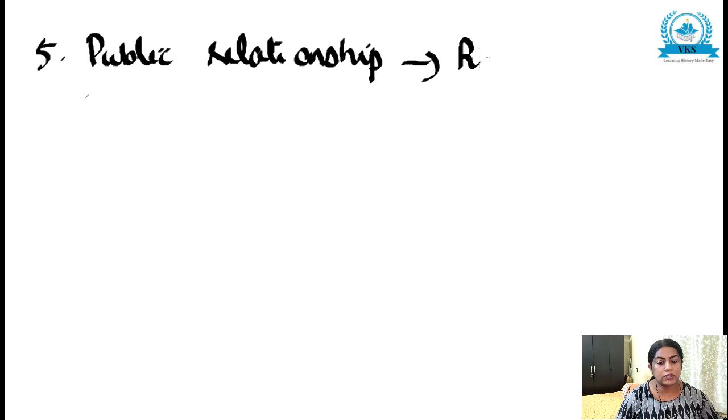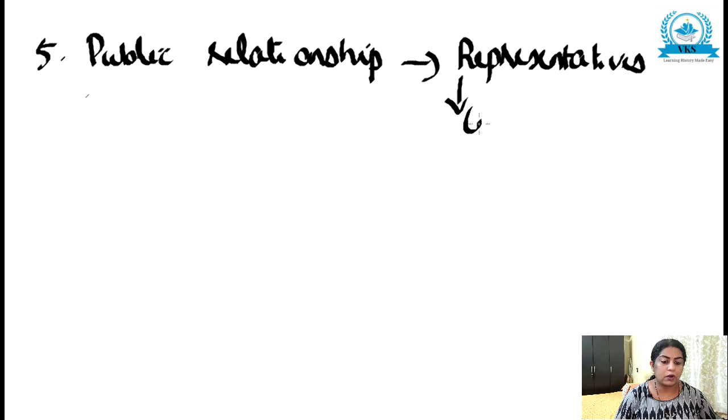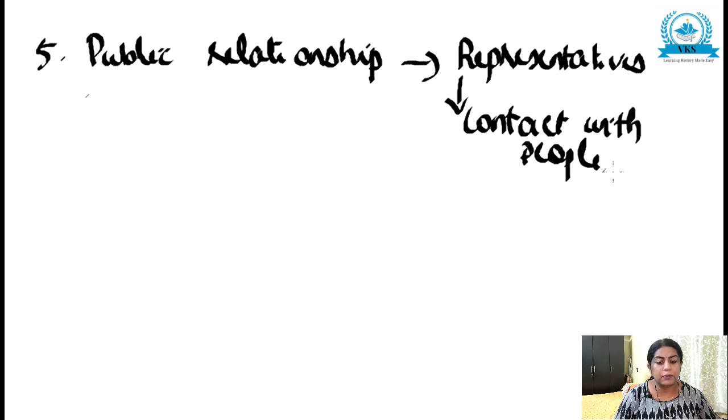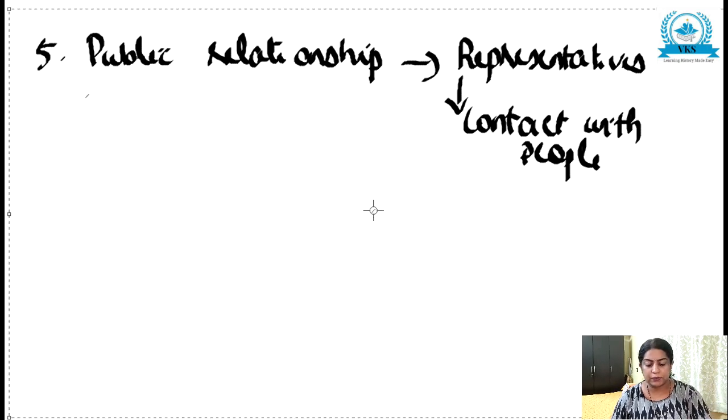They keep a direct contact with the people, because if they keep contact with the people only, then people will come to know about them, and then only proper selection will happen. Because of this there is a public relationship. So all these are the features of direct elections. In direct election, there is a direct relationship between the voter and their representative.